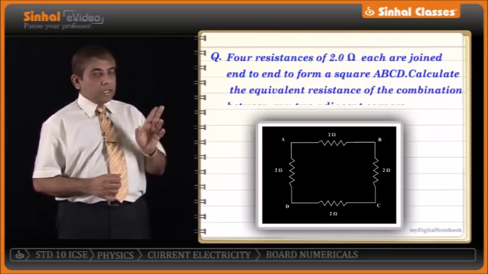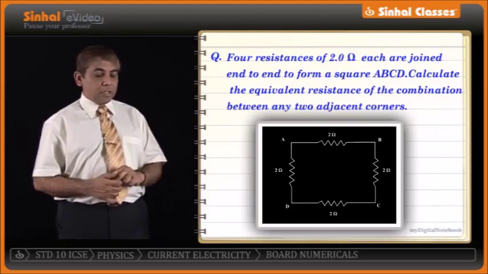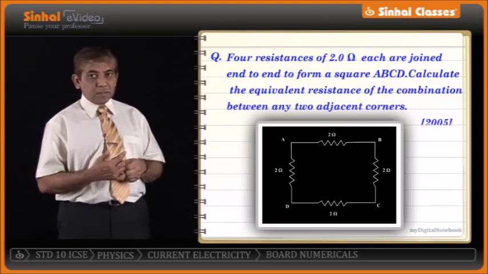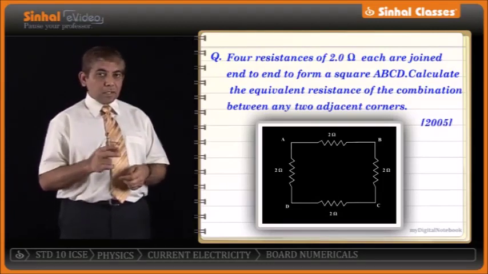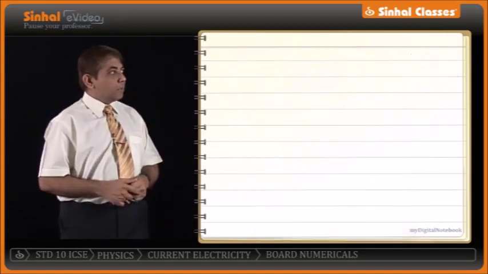You're asked to calculate the equivalent resistance of the combination between any 2 adjacent corners. Adjacent corners could be A to B, B to C, C to D, D to A. So these are the adjacent corners.